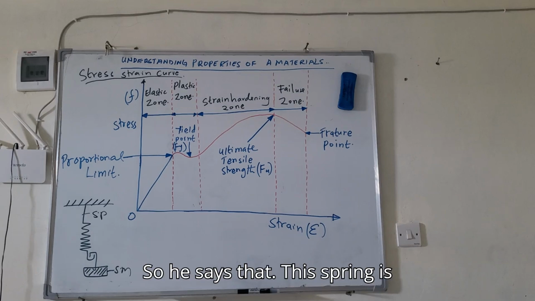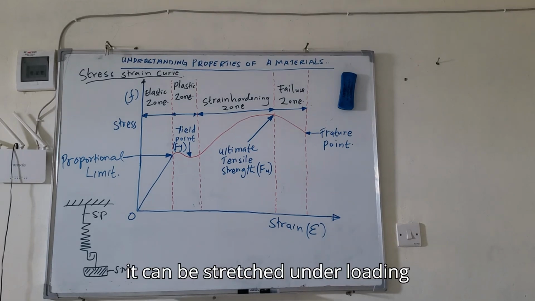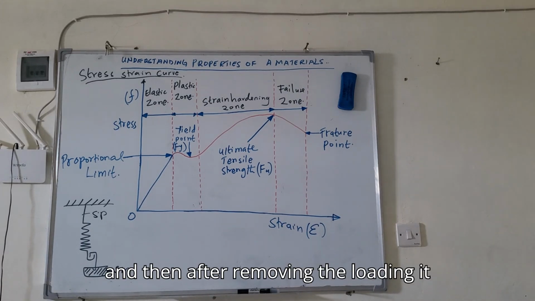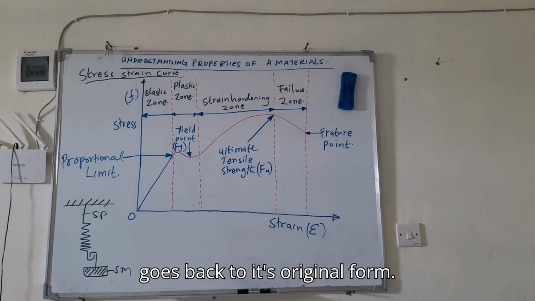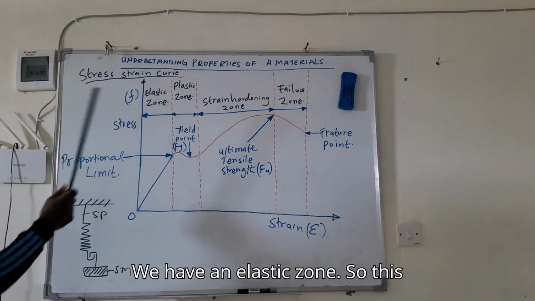So we say that this spring is in elastic limit. So the spring is also an elastic material. Why? Because it can be stretched under loading, and then after removing the loading, it goes back to its original form. So on the curve, we have an elastic zone.